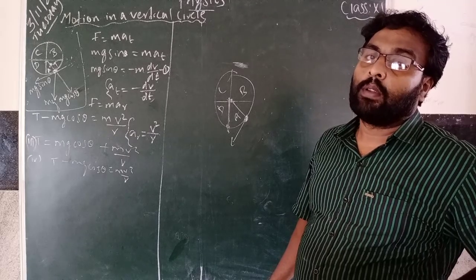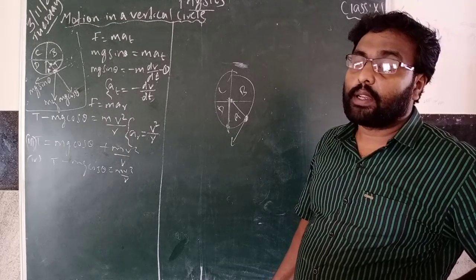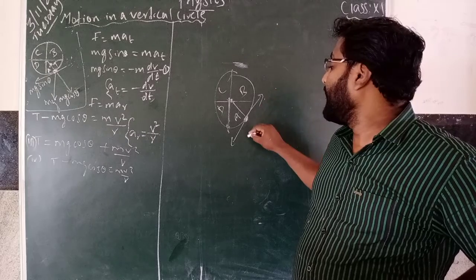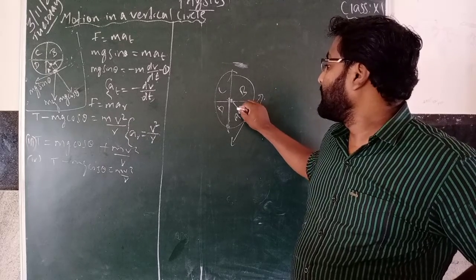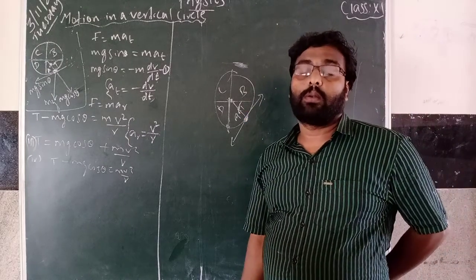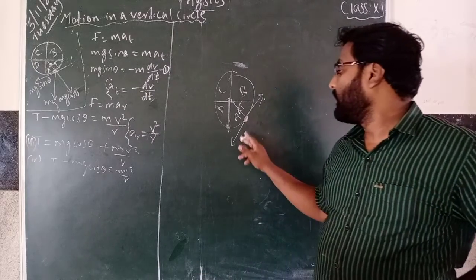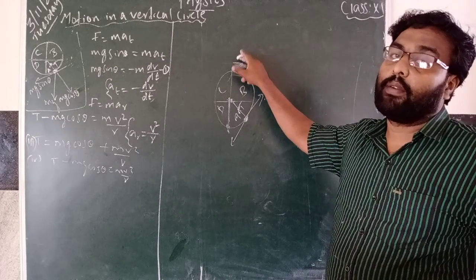That is the first one. Second one is that this velocity and this tension are not constant because this component value is changing.